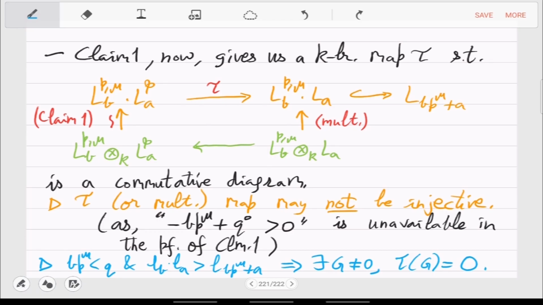Because it is actually isomorphic to the tensor product, and the tensor product has dimension LB LA. So the domain is big while the range is small. So there has to be an element in the middle which is vanishing under tau.